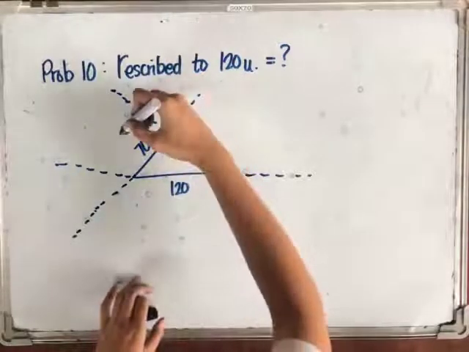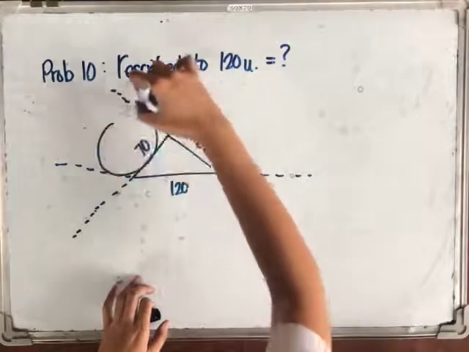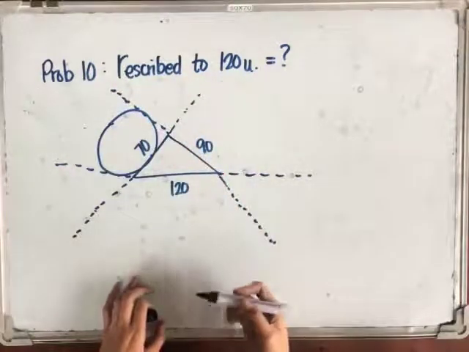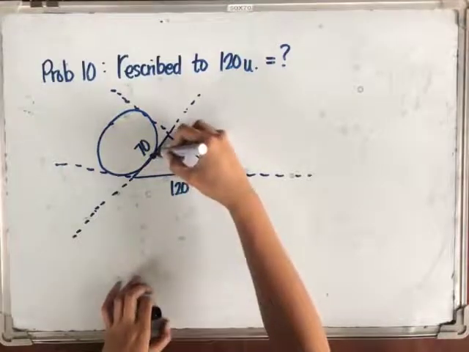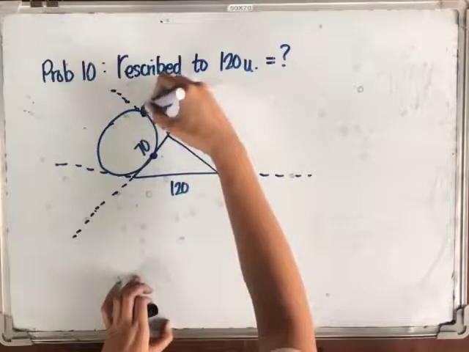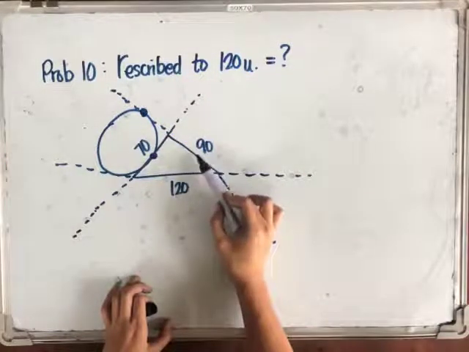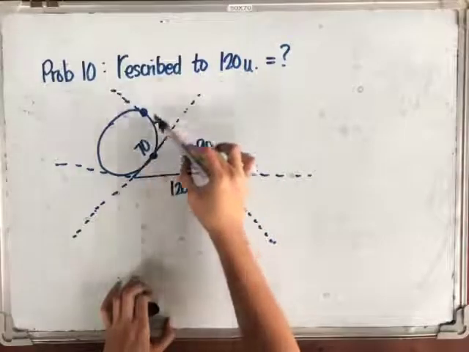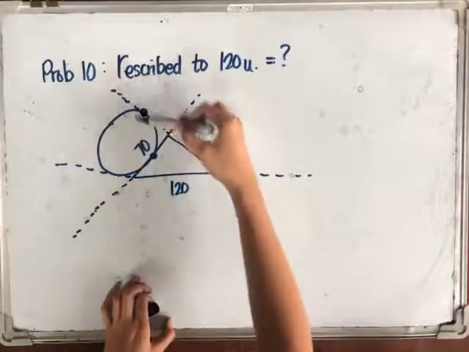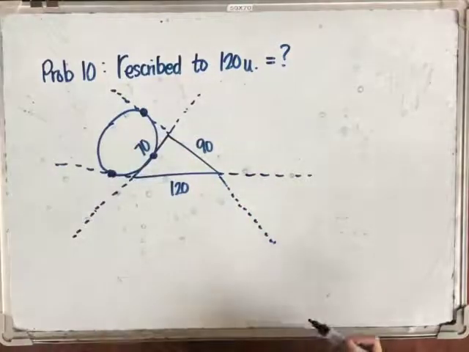But to show you, ganito ang magiging itsura ni escribed circle natin. Ayan, mukha lang siyang D-circle. Pero si escribed circle should touch one side of the triangle, in this case yung 70, and then it should also touch the prolongation of the other two sides. So, extend tayo ng 90 dito, na-touch na yon, and na-extend na tayo ng 120 dyan, na-touch na yun.